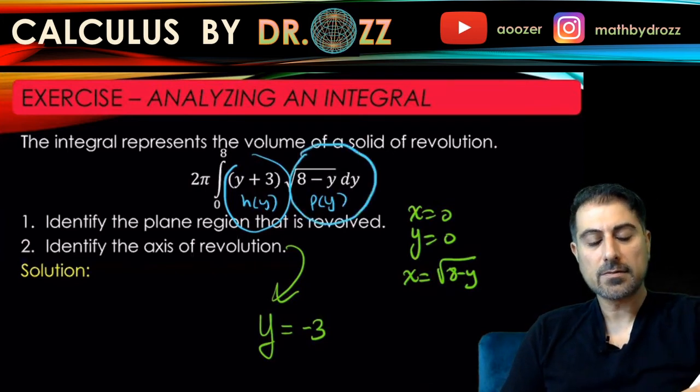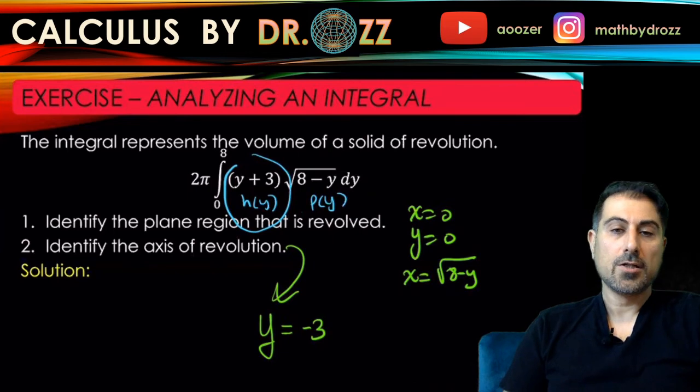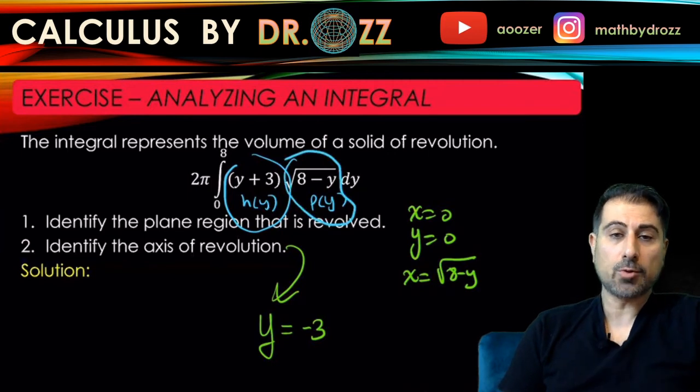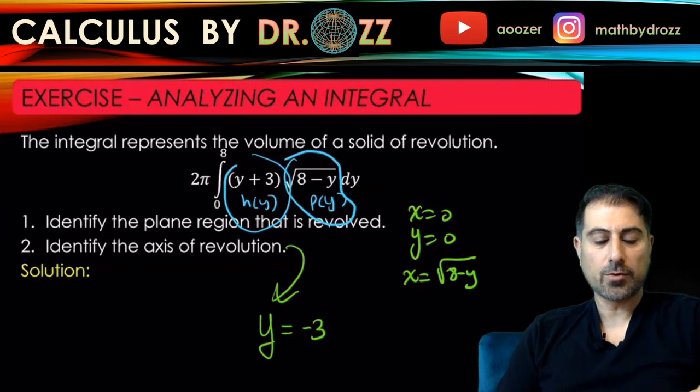The radius should not have the radical sign in it. It should involve y in a linear way, not in a square root or cubic root way. So this setup doesn't work.